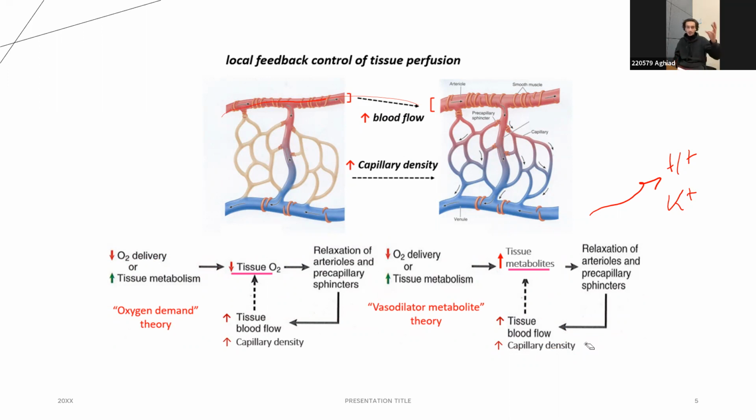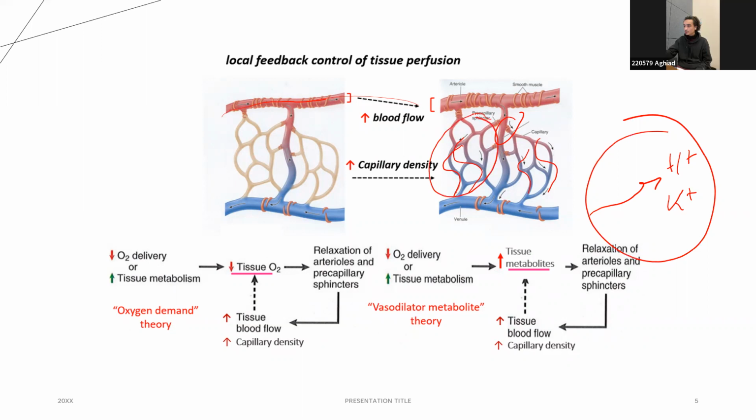You don't always keep it open. You close it. Whenever you want to wash your hands, you open the faucet. Same thing goes for the precapillary sphincters. Once these metabolites accumulate, like adenosine, like hydrogen, like potassium, all these metabolites signal that, okay, there is more exercise, more effort is being done.